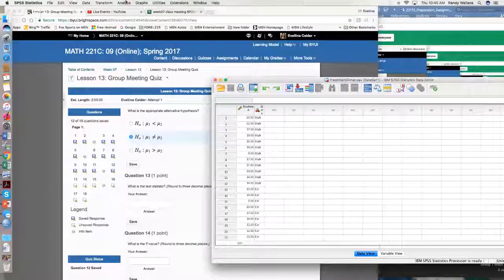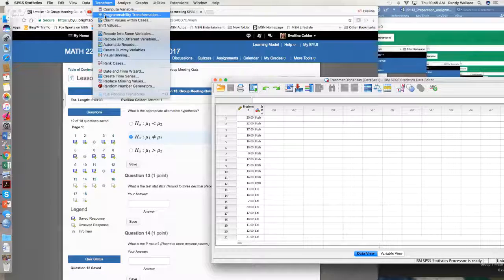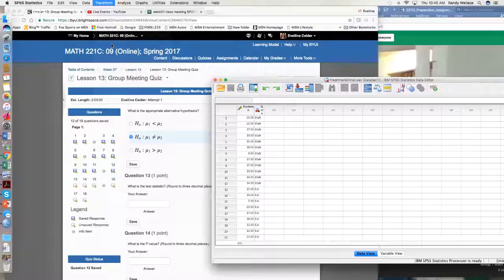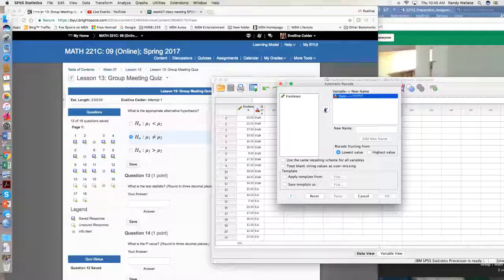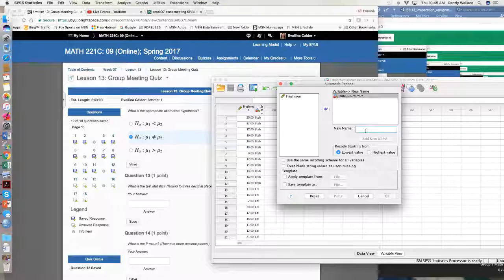So let's first transform this. I'm going to change the variable. It already says state. I'll just copy states. Okay.